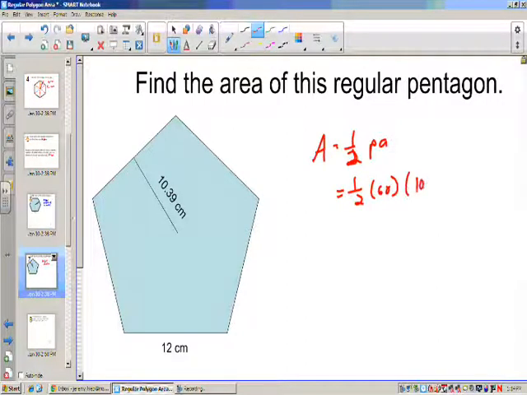And the apothem is 10.39. So I just type this in my calculator, and I get 311.7. So my area is 311.7 centimeters squared.